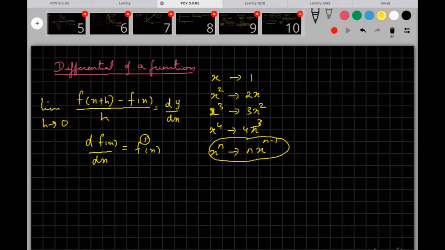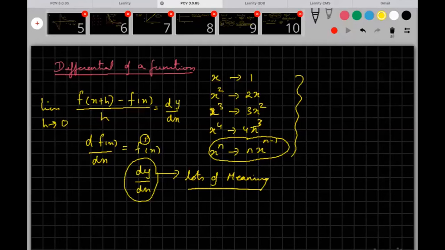So when they write f dashed of x, they mean dy by dx. Now actually this dy by dx has lots of meanings. So first we understand how to do it. Once we do it, then there are many meanings. We will try to get those meanings.